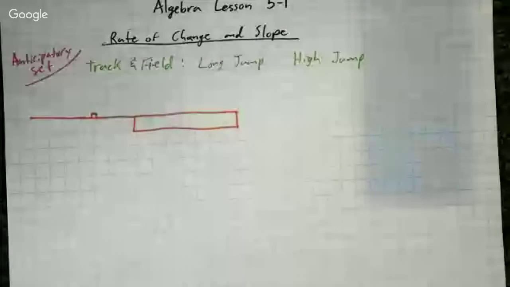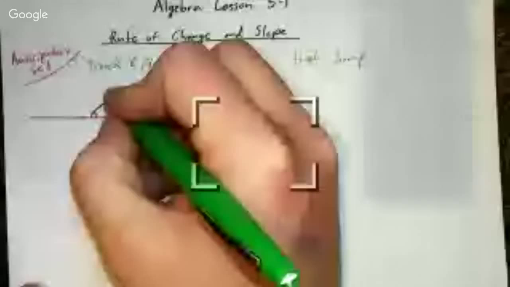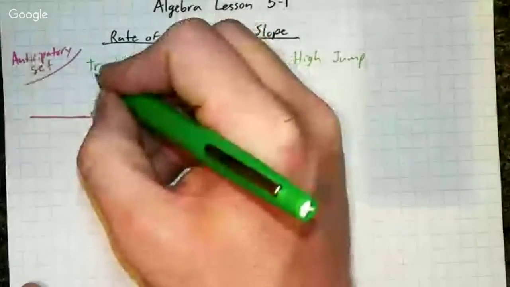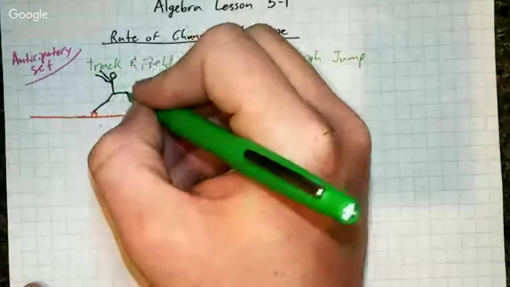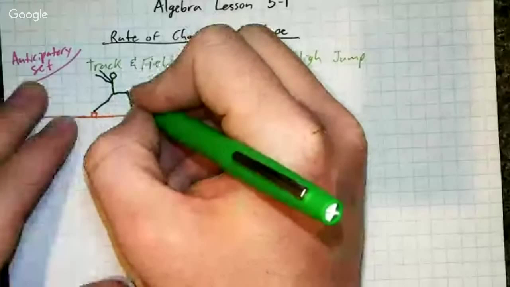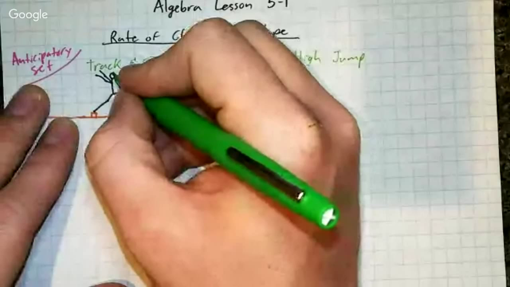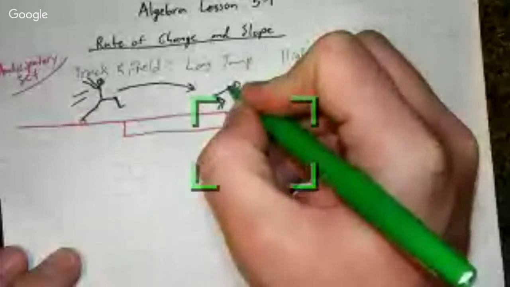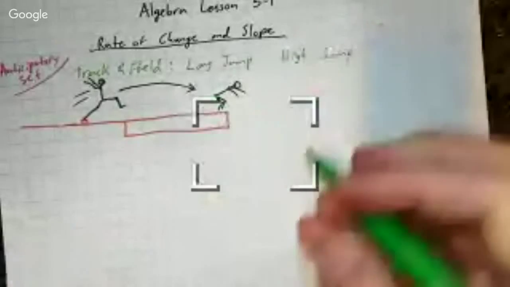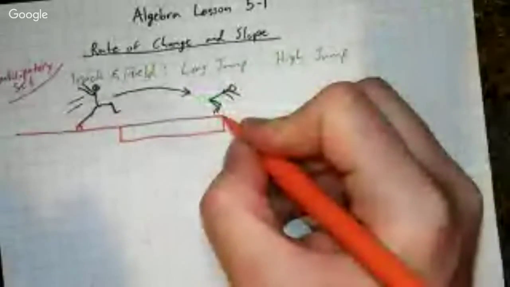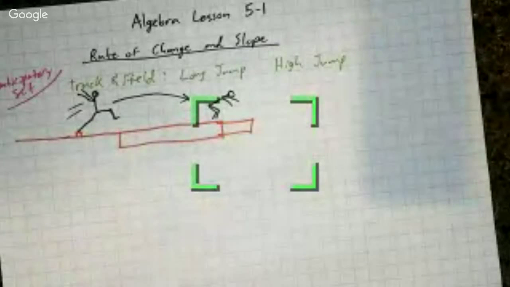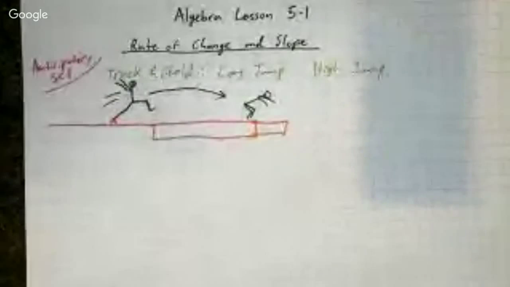Now, when you take off, normally you can't step over this line, so you throw your body knees first. Your arms are behind you, and you fly out here, and then when you land, you're propelling your body forward. So you have the bent knees, and you swing your arms forward to get as far as you can. And I guess you'll fall out of the pit at that point, but there we go. And you try and land. You try and go as far as you can in this direction.